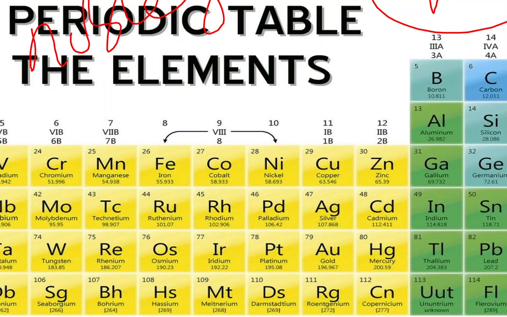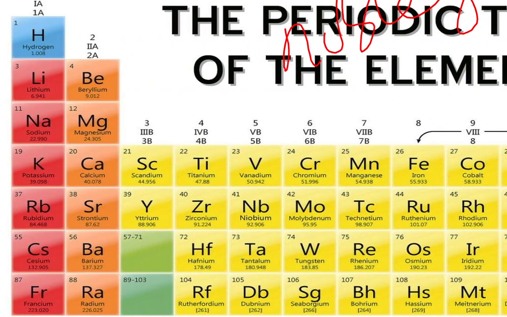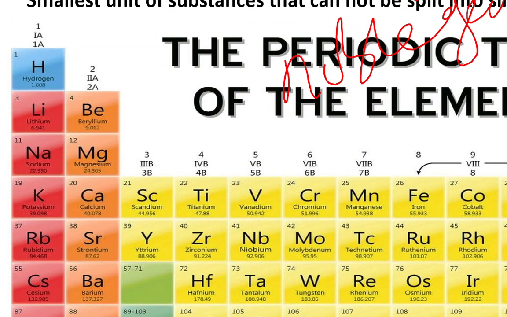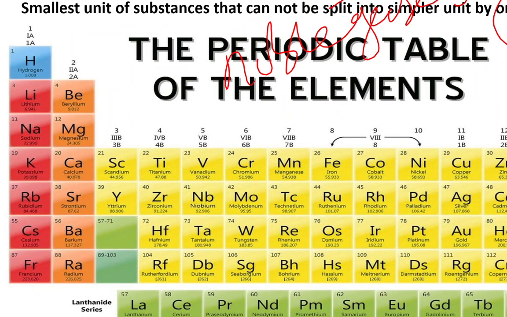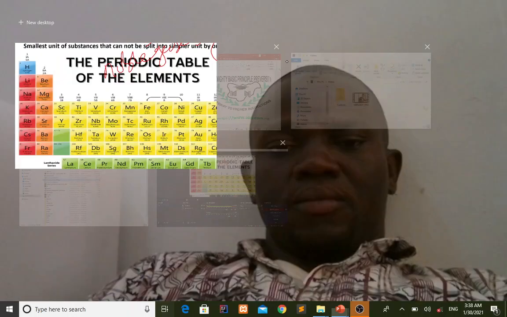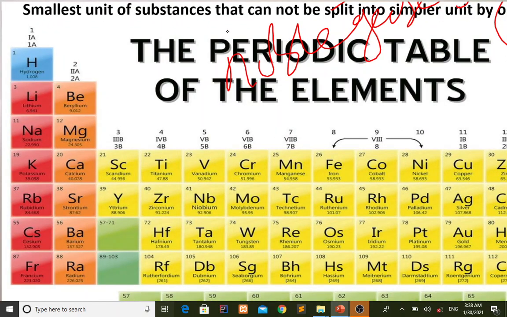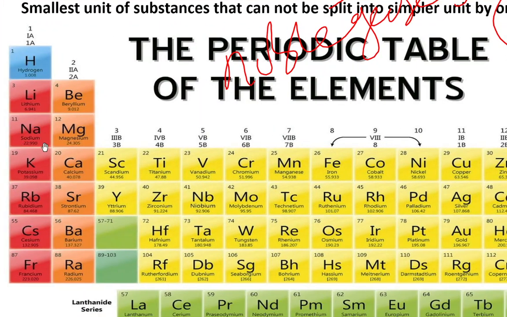Now, by looking at this periodic table, we have numbers on the elements, because we have discussed the table which consists of rows and columns. Those columns that have special names, we have discussed them, and there are 7 rows in the periodic table: 1, 2, 3, 4, 5, 6, 7.